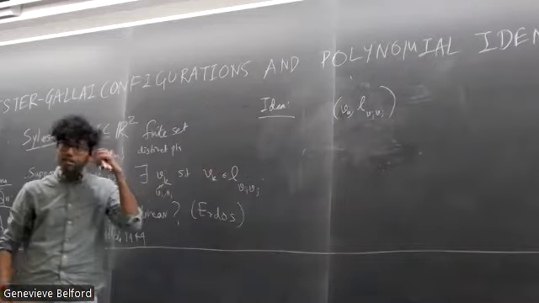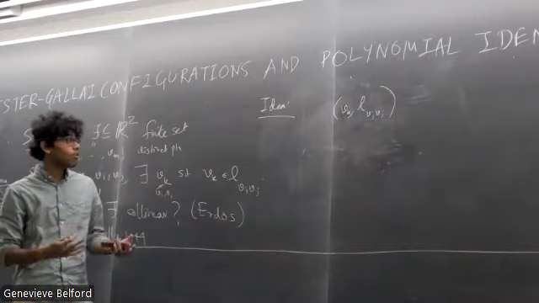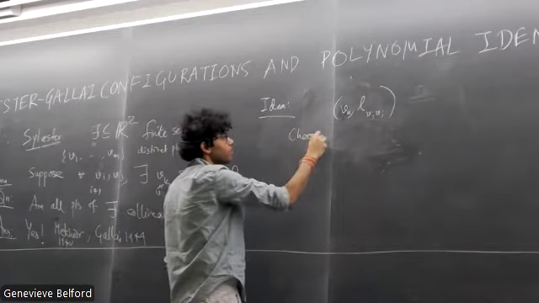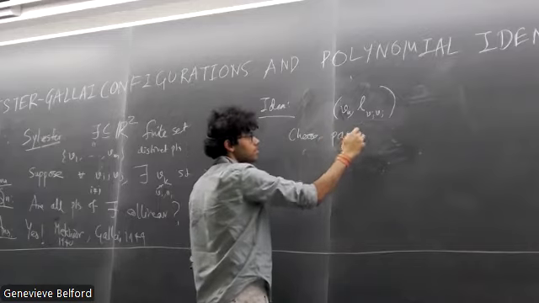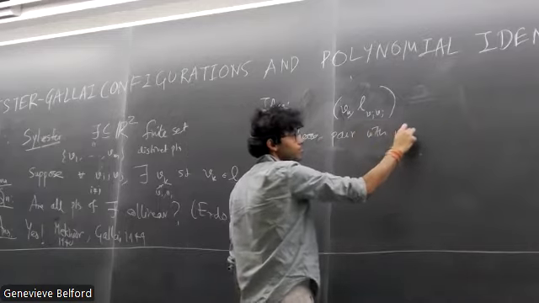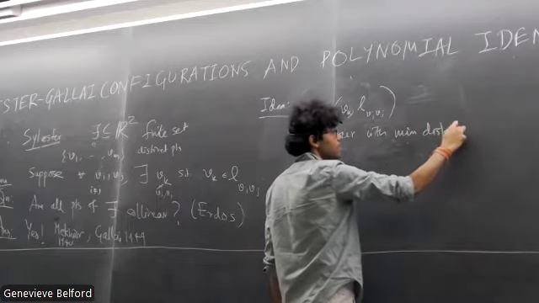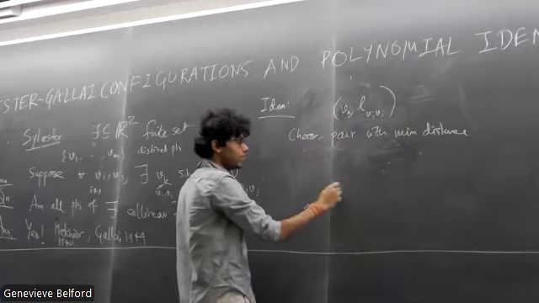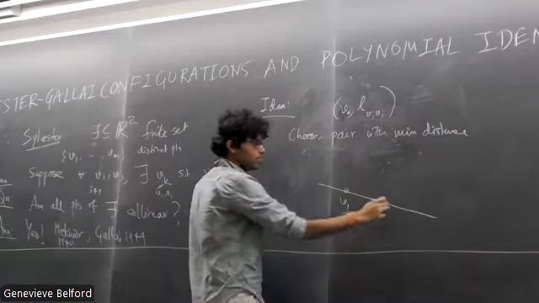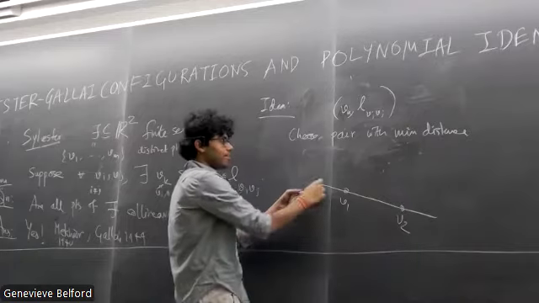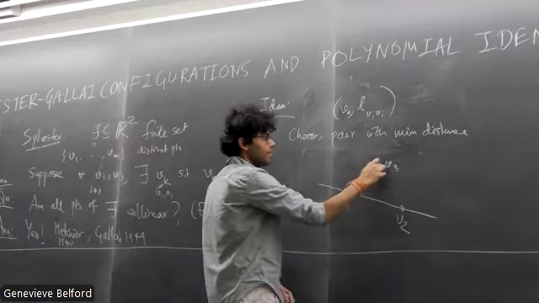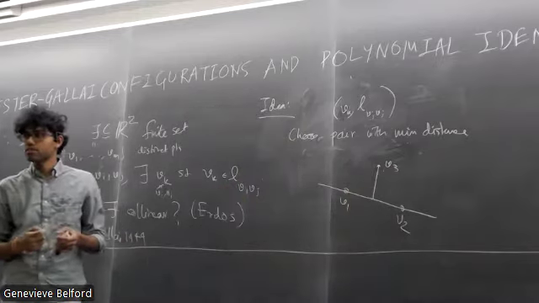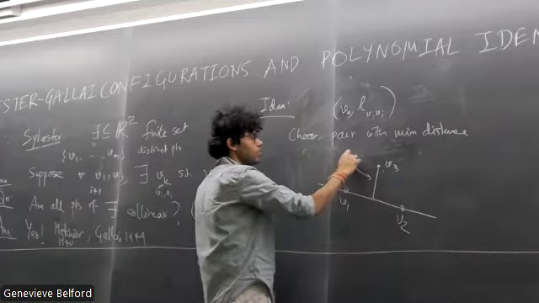So you look at all such pairs of points and lines determined by our configuration, and then you choose the pair with smallest distance. Without loss of generality, let's assume these are V1, V2, V3. Suppose the line joining V1 and V2 and the point V3 is the pair which has the smallest distance among all possible such pairs.